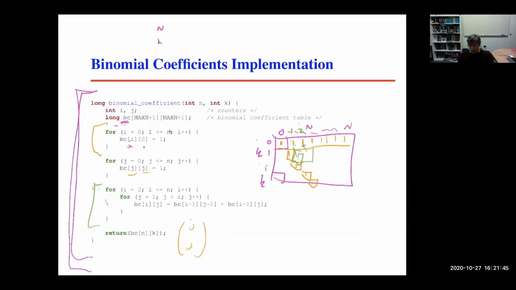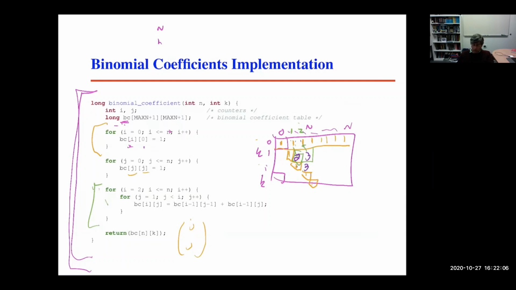So let me make these numbers a little clearer. This should be a 2. This spot is going to be this sum plus this. That's going to be a 3 because it's a 1 plus 2. This one is going to be a 1 plus 2.